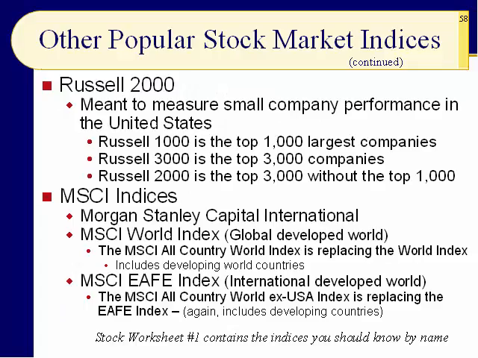Okay, so let's now take a look at the last three that we're going to ask you to remember. The Russell 2000. We saw that S&P 500 had a mid cap, a small cap. Well, the most popular one is the Russell 2000. That's the one you'll hear. And Russell is another company like S&P and Dow Jones. And what they did is they created the Russell 1000, the Russell 3000, and the Russell 2000. What's the Russell 1000? It's the top 1,000 largest companies.